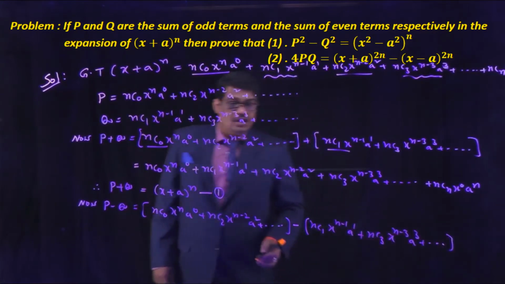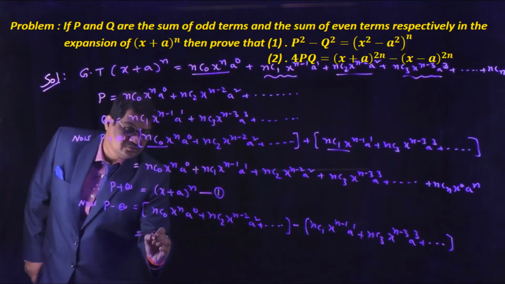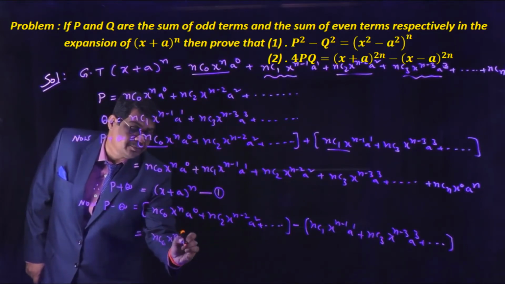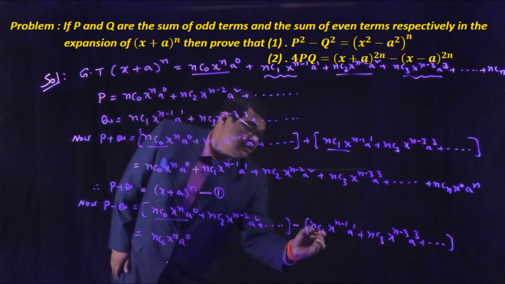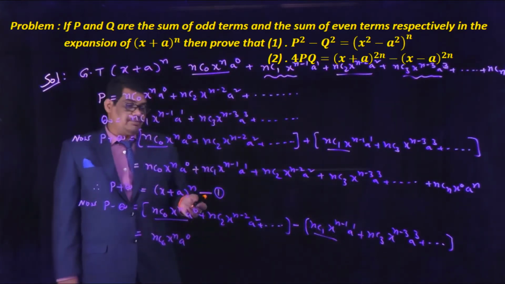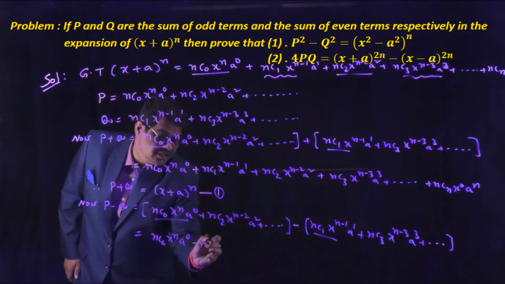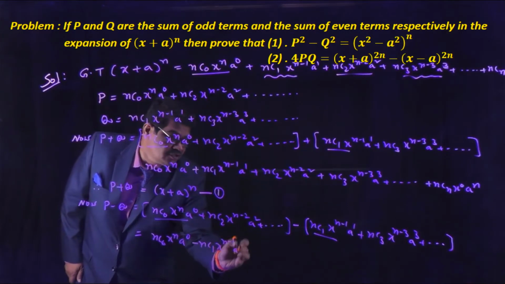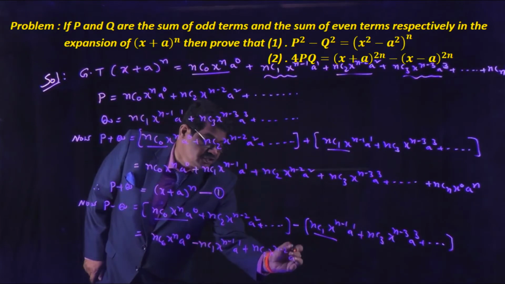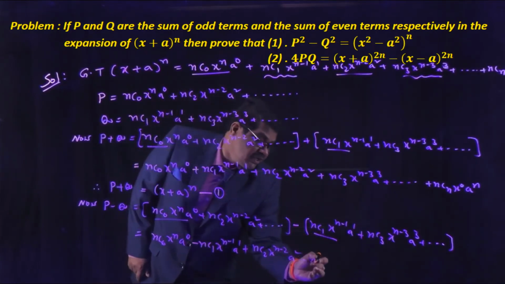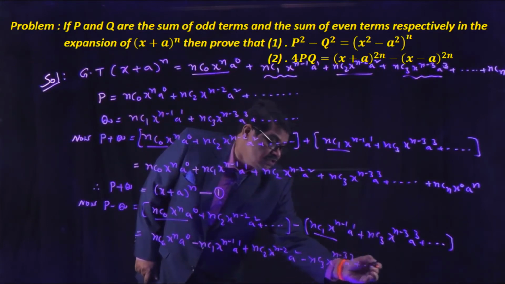Now we are writing this as equal to: we have taken nC0 x^n a^0 in these three terms, and we have taken nC1 x^(n-1) a^1, that is the term in Q, that is minus nC1 x^(n-1) a^1. Next we take nC2 x^(n-2) a^2, and we write minus nC3 x^(n-3) a^3 and so on.